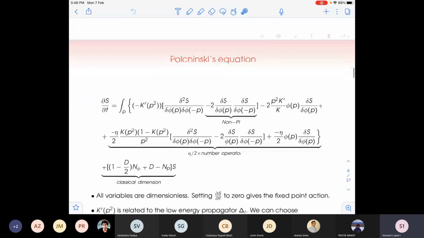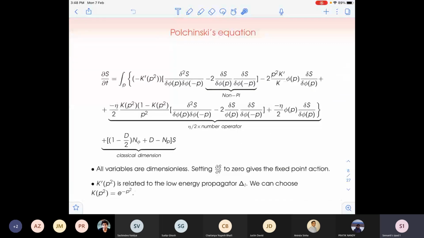I want to point out some distinct features of this equation. One is the main structure of the equation, which is given by this part. If you see it in terms of diagrams, which I'll tell in the next slide, this represents a non-PI part; the action always contains both PI and non-PI parts.